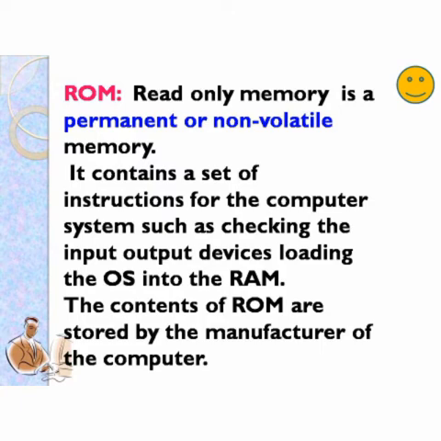Next, ROM. Read-only memory is a permanent or non-volatile memory. It contains a set of instructions for the computer system, such as checking the input-output devices, loading the operating system into the RAM. The contents of ROM are stored by the manufacturer of the computer.